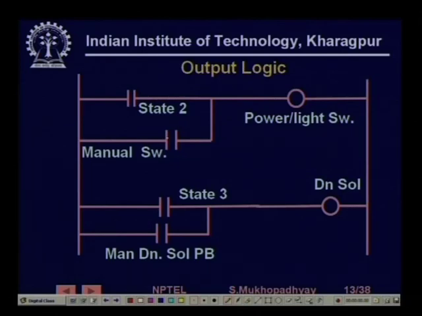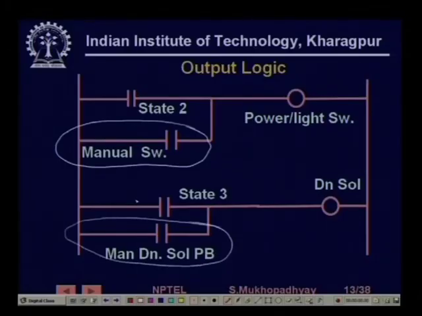The only thing is, look here, we have also added some manual switch. Sometimes we may need to check, we may need to do things manually also. So, for the power light switch, here we have put a manual switch. If the PLC is running and you press the manual switch, then the power light switch may also be made on.